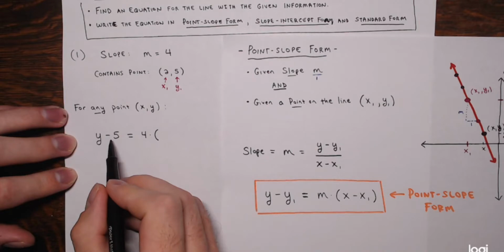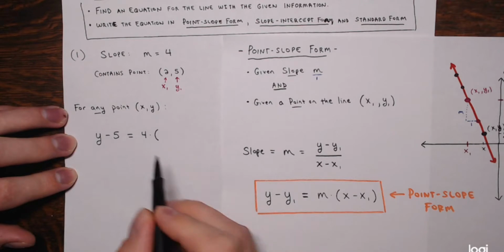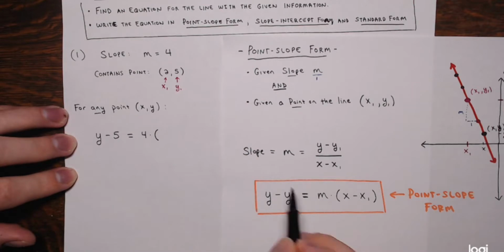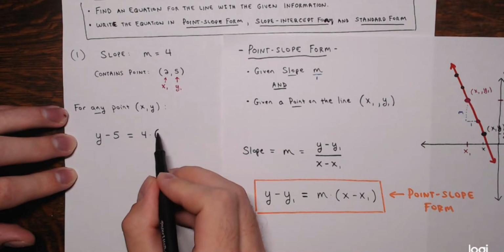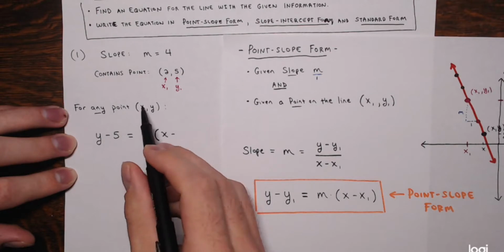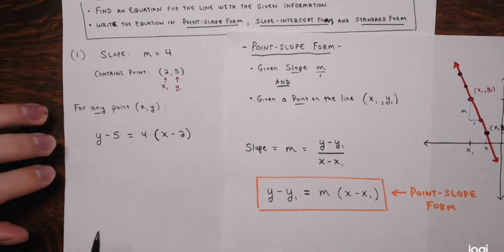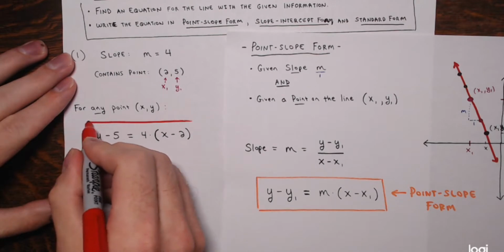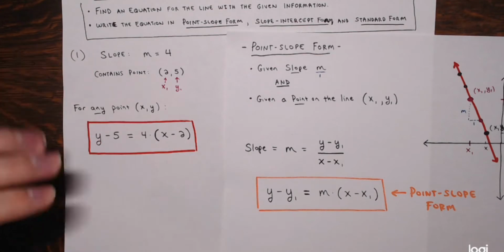So the change in y, y minus 5, y minus y1, equals the slope of the line, 4, m, times the quantity, the change in x, taken in the same order as the change in y, so x minus 2, x minus x1. And there you go. Here is what they ask us for, an equation. There's an equation of the line being described.